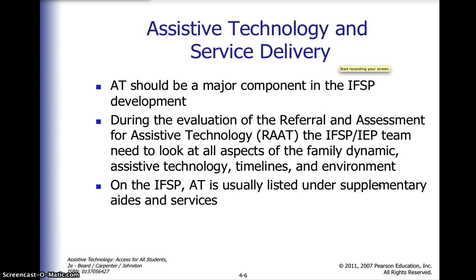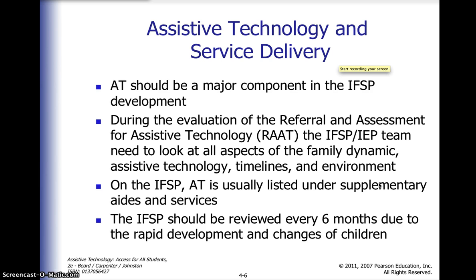On the IFSP, AT is usually listed under supplementary aids and services. The IFSP should be reviewed every 6 months due to the rapid development and changes of the child. So they might outgrow the assistive technology rather quickly, and then we have to replace it with something else.